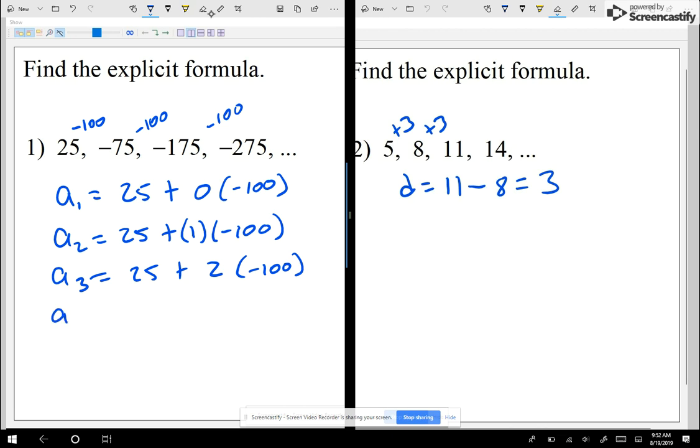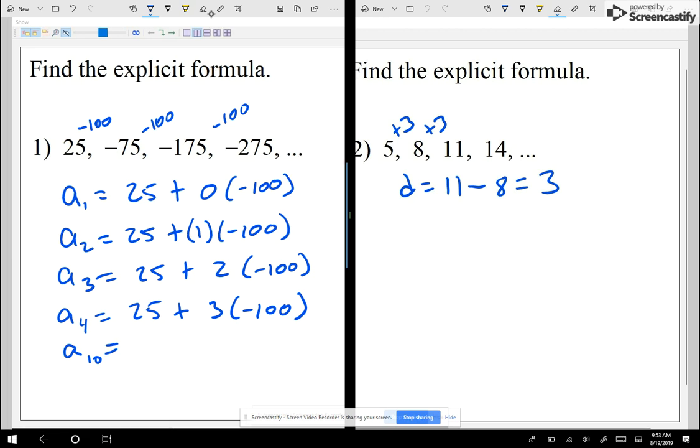And if I think of what about the fourth number, I'm going to say the initial number, 25, plus 3 times our difference. Right? 25 plus 3 times our difference should give us our fourth number, a fifth number, and on and on.